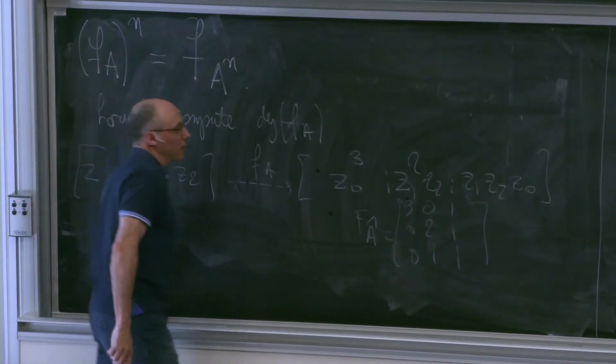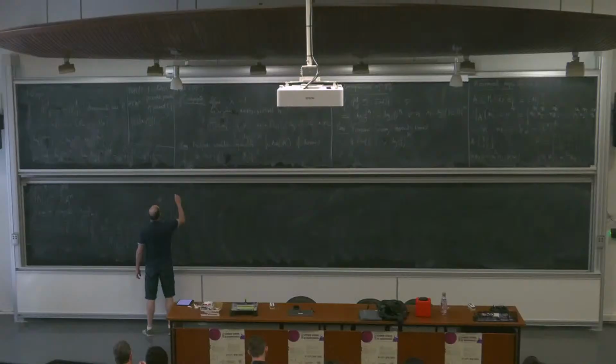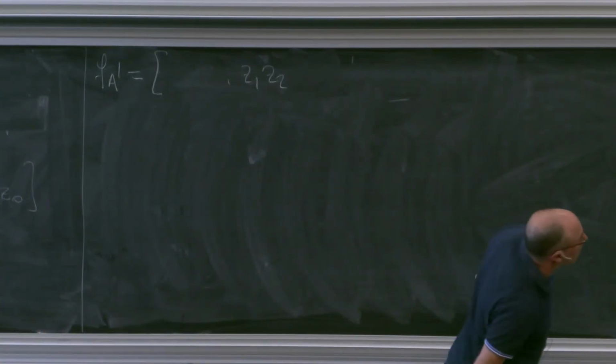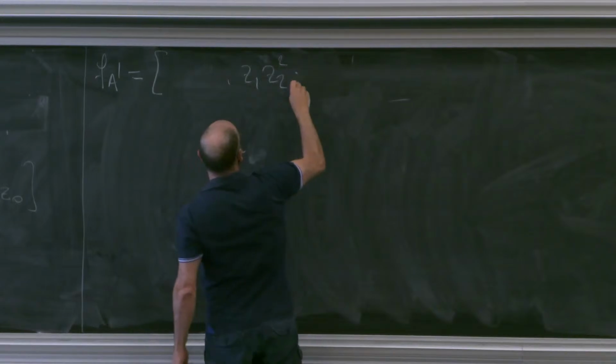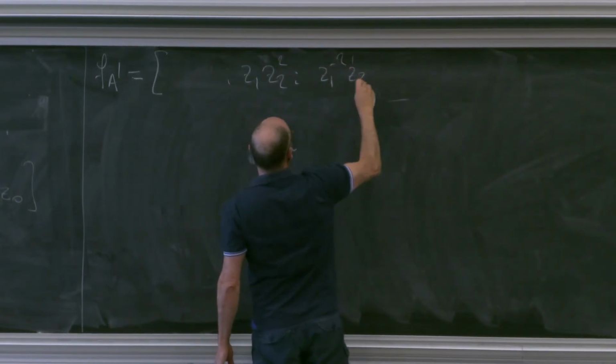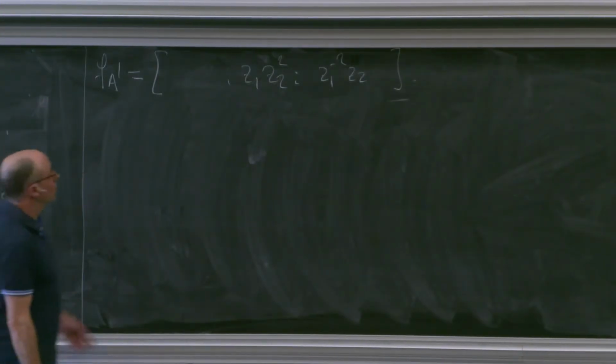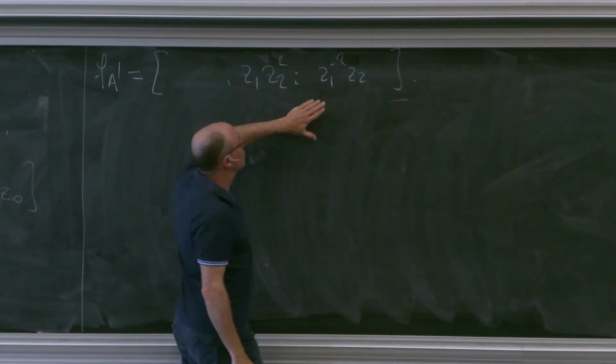So you can play the same game with A prime, F_A prime. Here it's a bit more subtle because you have an integer which is negative. So let me do this without thinking. So this is Z1 Z2 squared, and then Z1 to the minus 2 Z2. You want to make this homogeneous, so you have to multiply by Z1 squared.